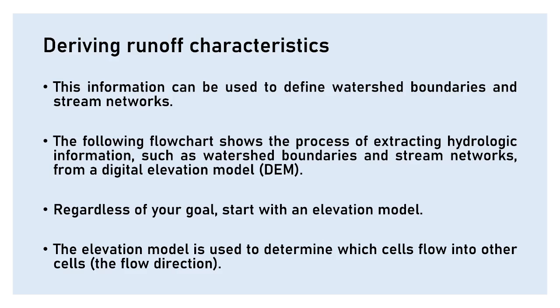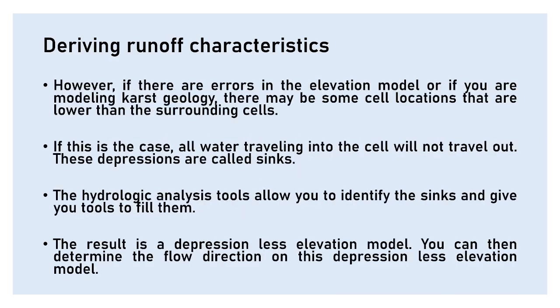So regardless of the goal that you have, we are always going to start with an elevation model. The elevation model is used to determine which cells flow into other cells. However, if there are errors in the elevation model, or if you are modeling karst geology, there may be some cell locations that are lower than the surrounding cells.